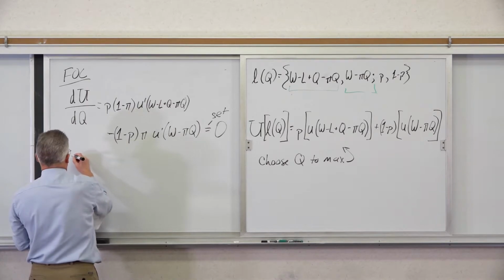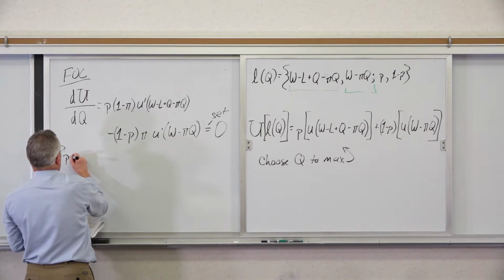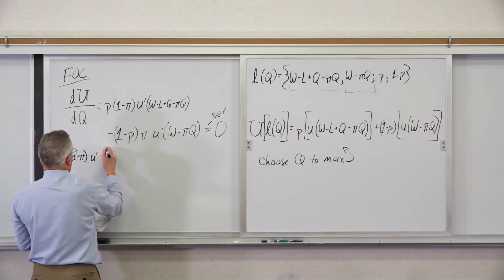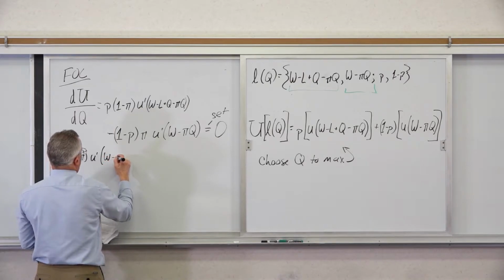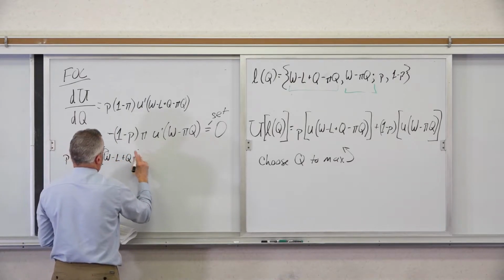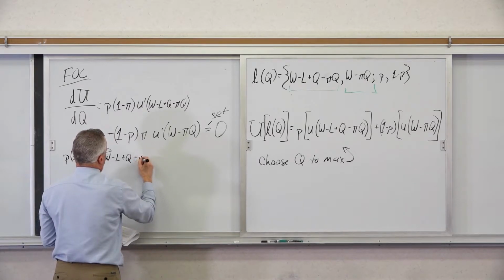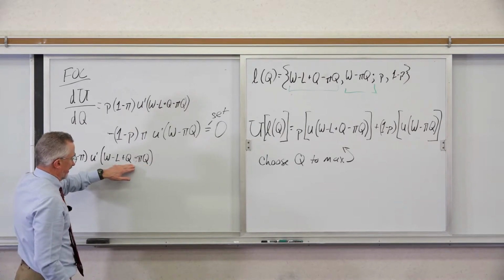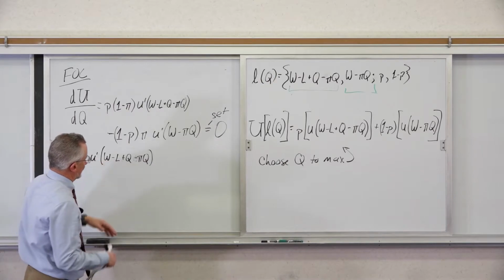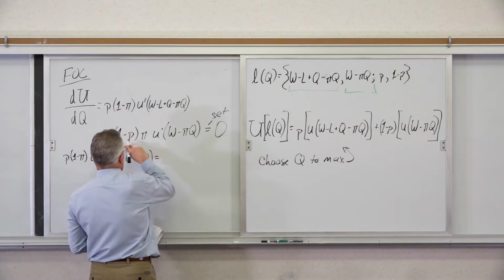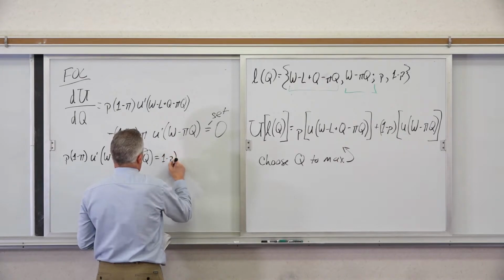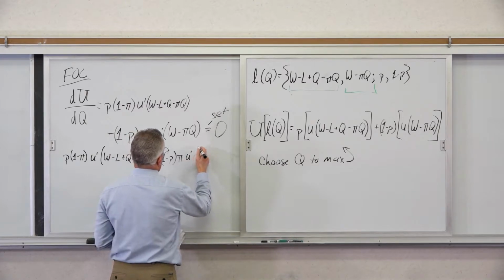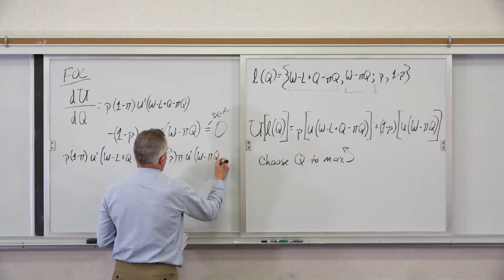So this gives us P times 1 minus pi times U prime of W minus L plus Q minus pi Q. That is, subtracting out the amount they paid the insurance company, adding the amount they received from the insurer, the amount of the loss, the initial wealth, will be equal to 1 minus P times pi times U prime of W minus pi Q.